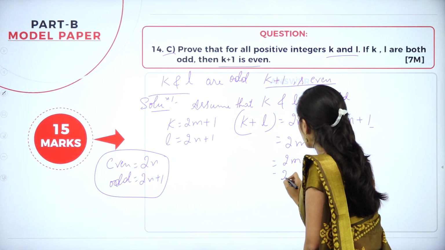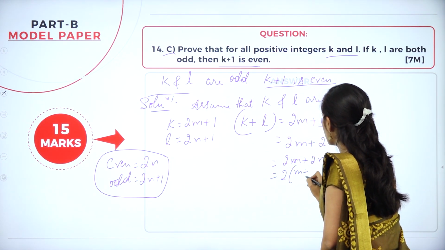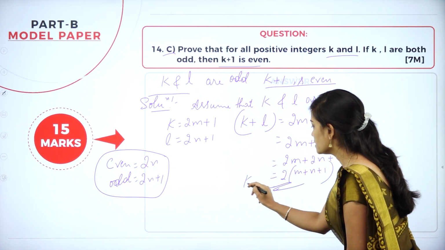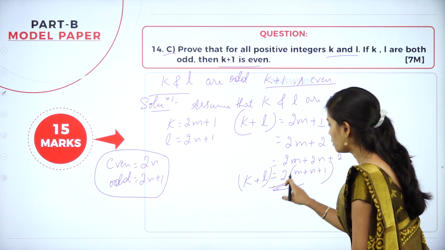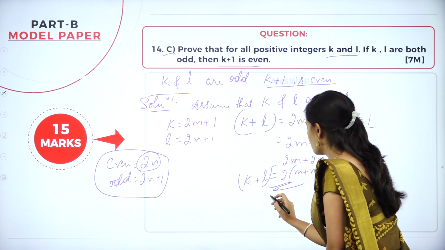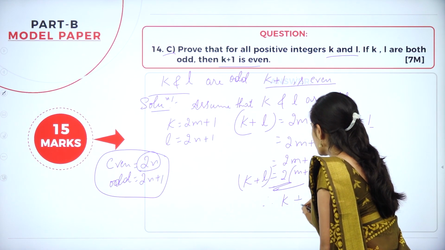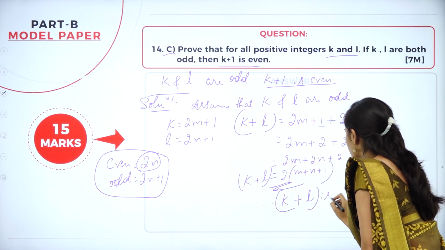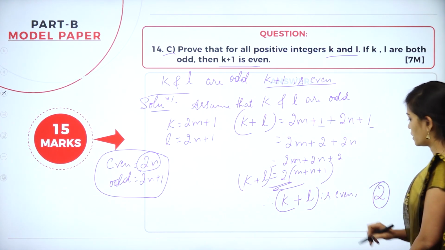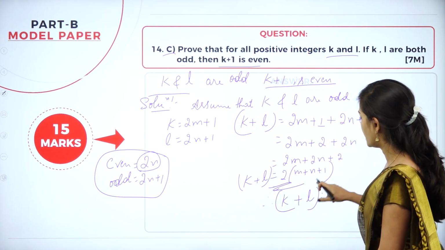I'll take 2 as a common factor: m plus n plus 1. So now k plus l is in the form of 2 into something. Is it right? So it is even. Therefore k plus l is even since it is divisible by 2. Clear? This is k plus l is even.